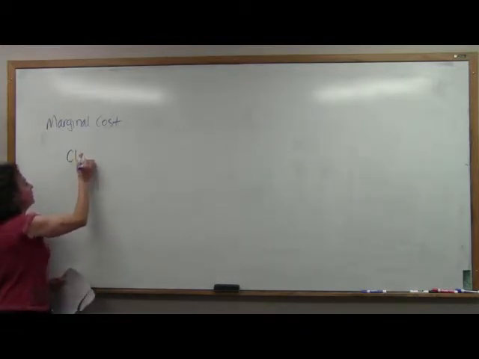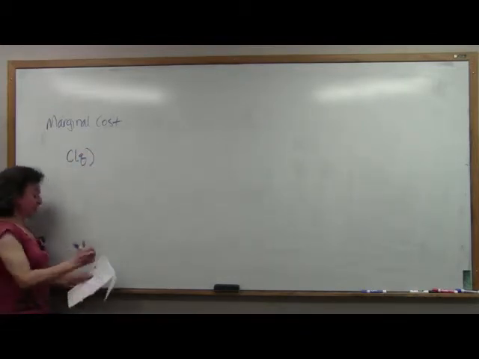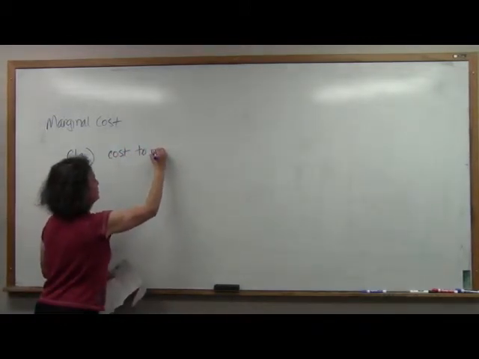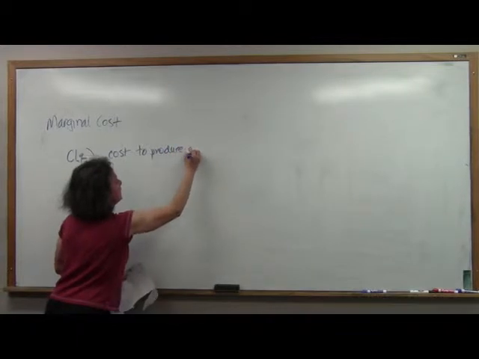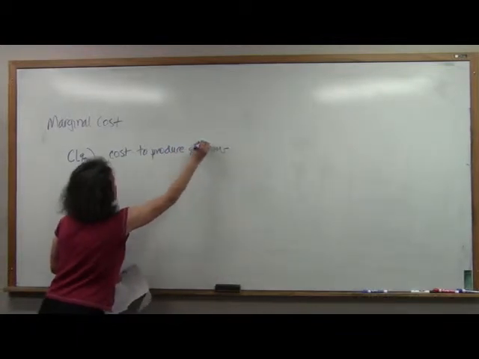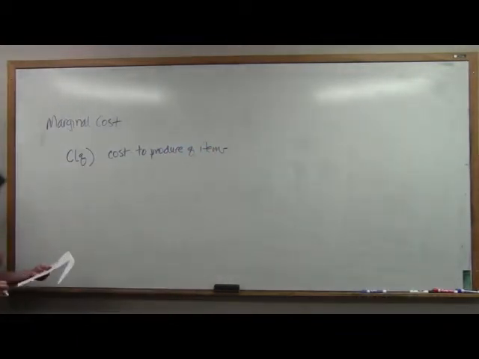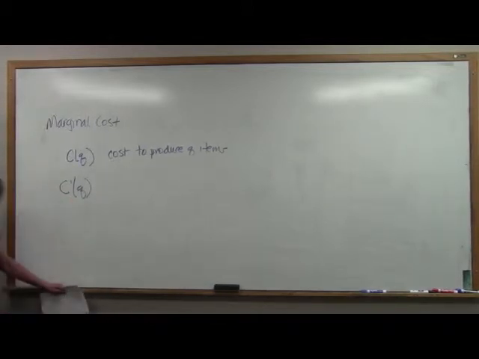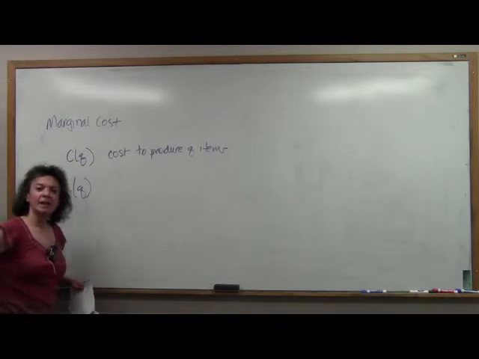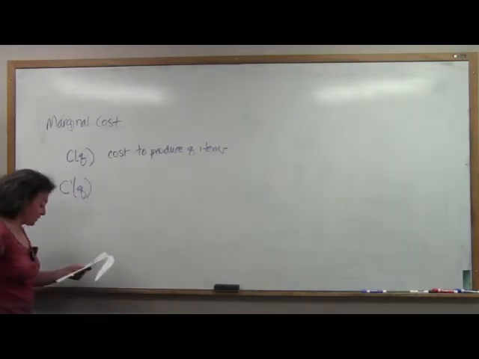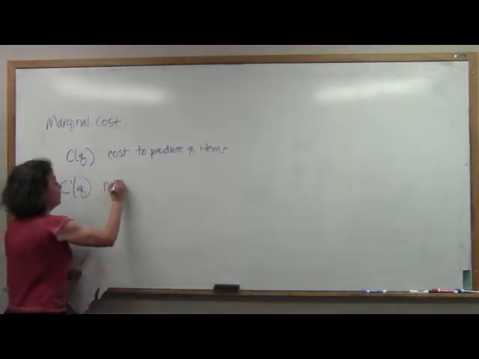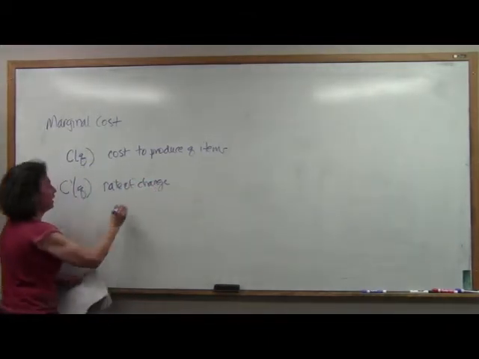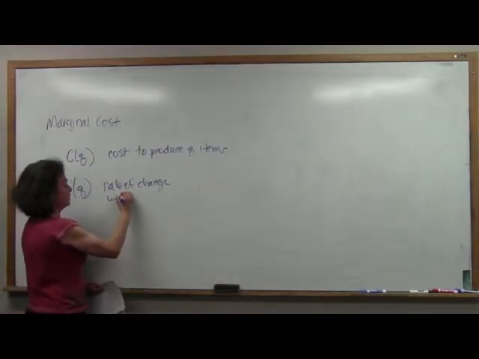So for example, if I have C of Q as my cost function, that's the cost to produce Q items. When we talk about the marginal cost, that's precisely the derivative of our cost function. And what does the marginal cost mean? It's the rate of change of your cost with respect to quantity.